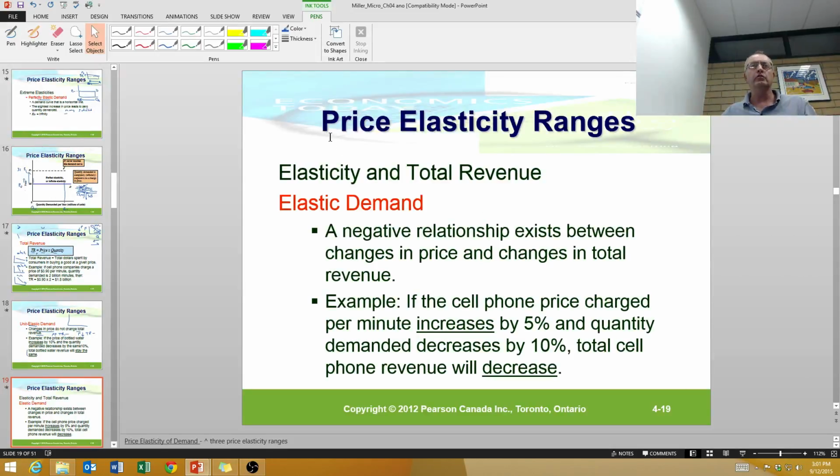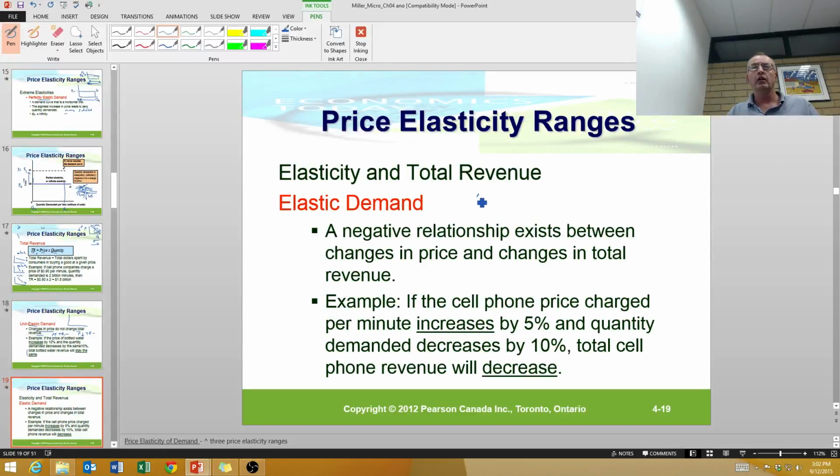Okay, so when you have a demand curve showing positive price elasticity, then price changes and total revenue have an inverse relationship.